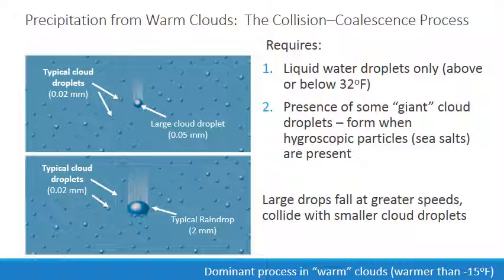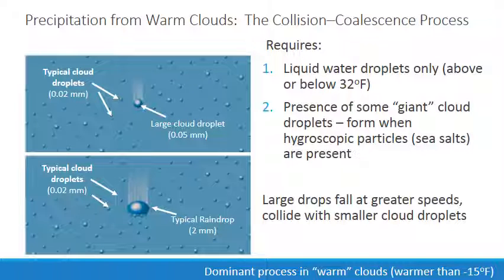Collision coalescence is the warm cloud process. And it's the dominant process for clouds with tops that are warmer than minus 15 degrees C. The collision coalescence process involves multiple collisions of tiny cloud droplets that stick together.